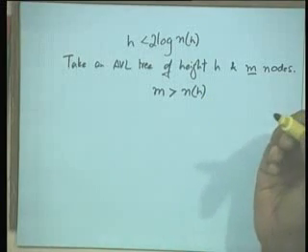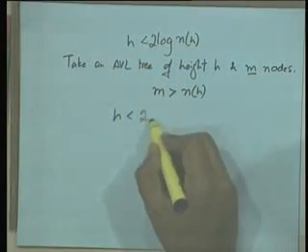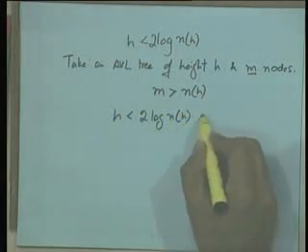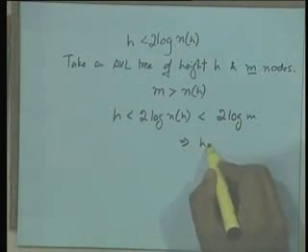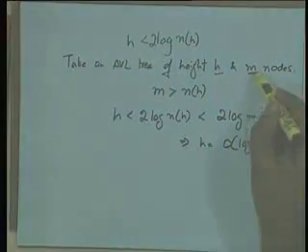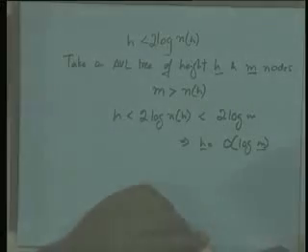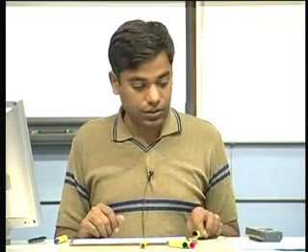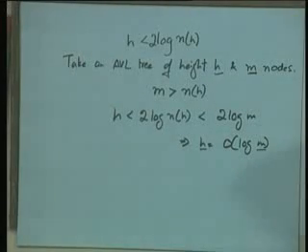This follows from our definition of n of h. And we know that h is less than 2 times log of n of h, which is then less than 2 times log of m. This implies h equals big O log of m. So this was height and this was number of nodes. The height of an AVL tree on m nodes is less than 2 times log of the number of nodes. Is this clear now? So the m and n confusion is not there. Great. So that's what is being said here.